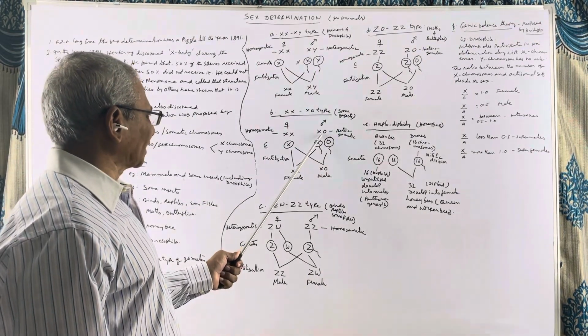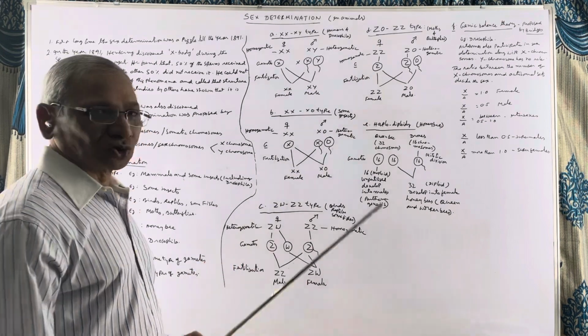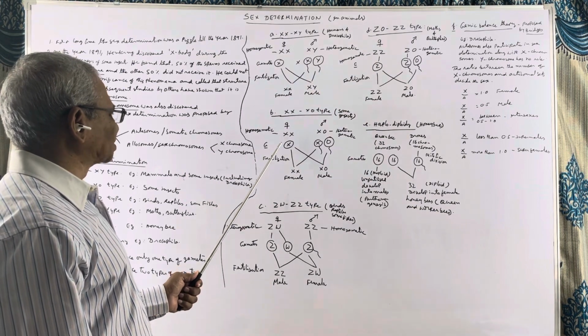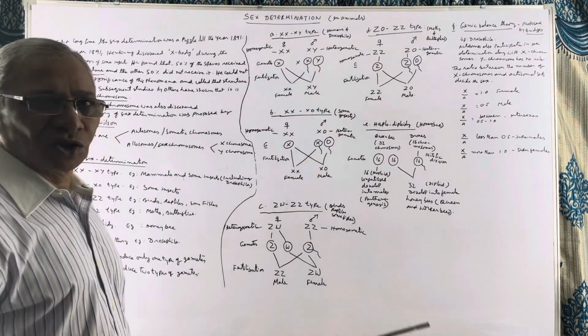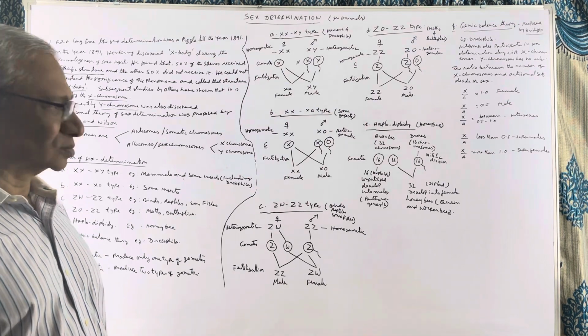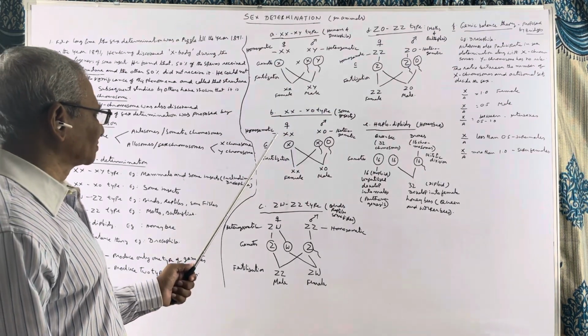So males have one X chromosome, females have two X chromosomes. So the females, they produce only one type of gamete, and that gamete carries X chromosome. So females are homogametic here.